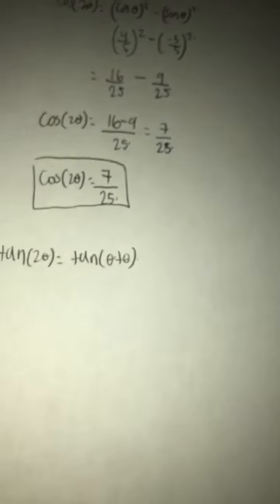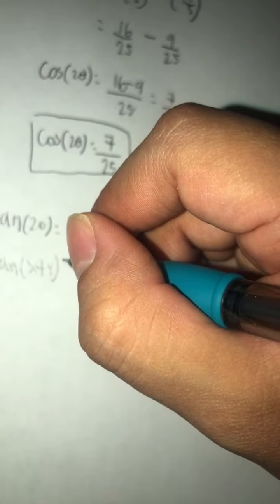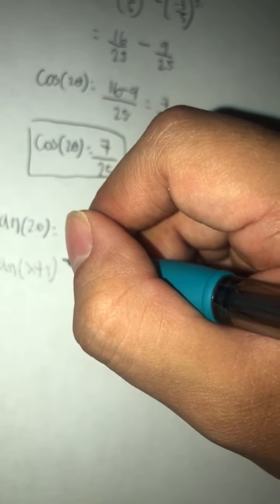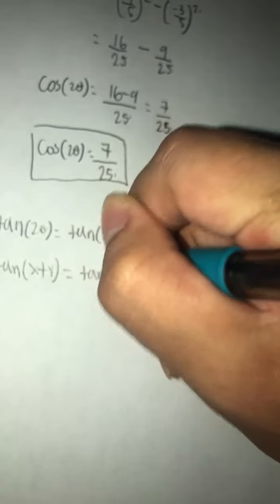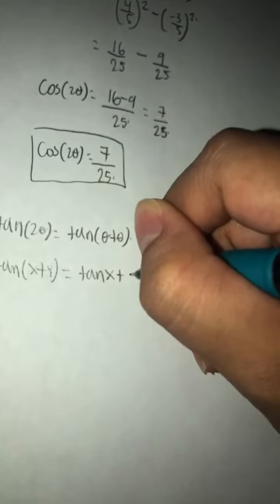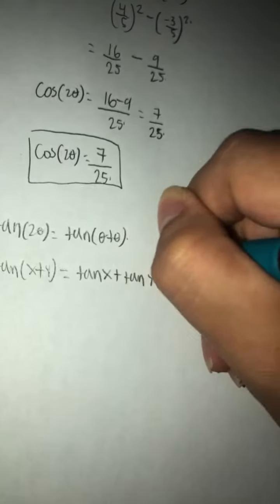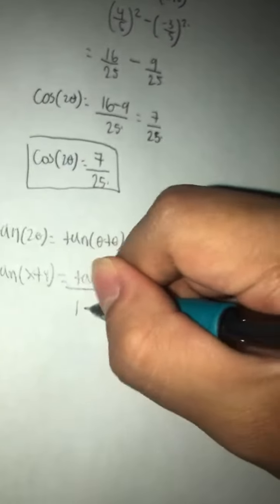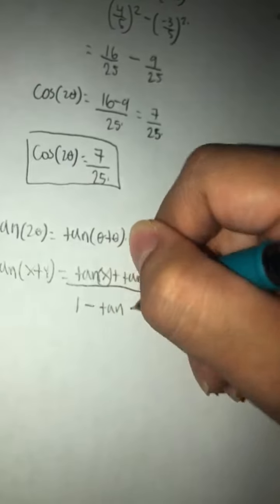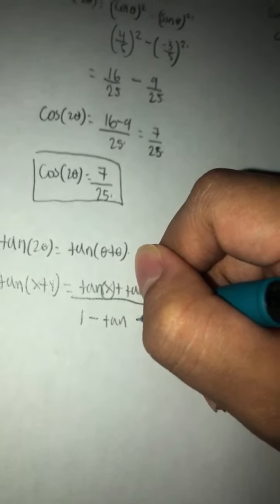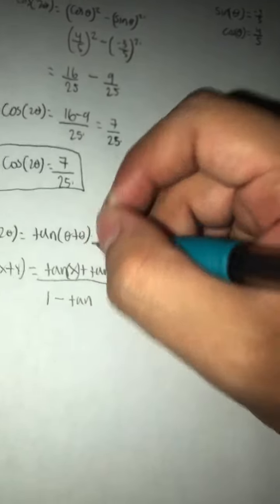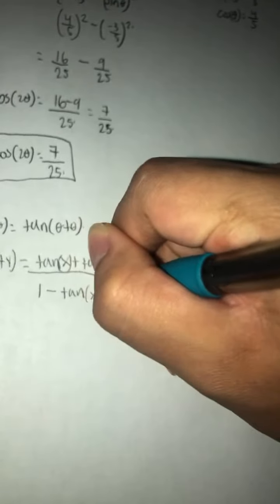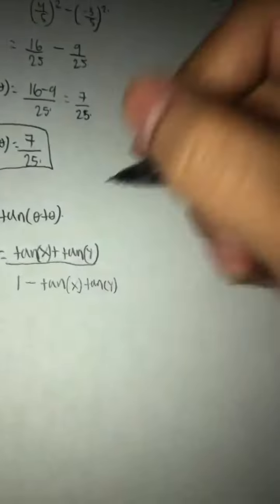We know tan of x plus y. I think I know the top one. It's like tan x plus tan y over 1 minus tan x tan y, I think. Yeah.